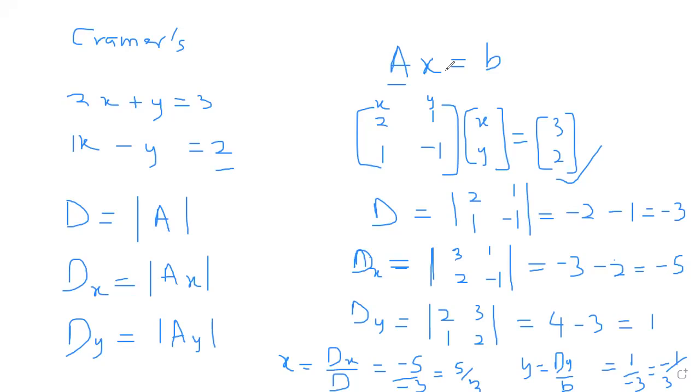we'll also look at the solution for a 3x3 system, which is just an extension of what we have just looked at. So this time I have a 3x3 matrix, let's take a 3x3 system.